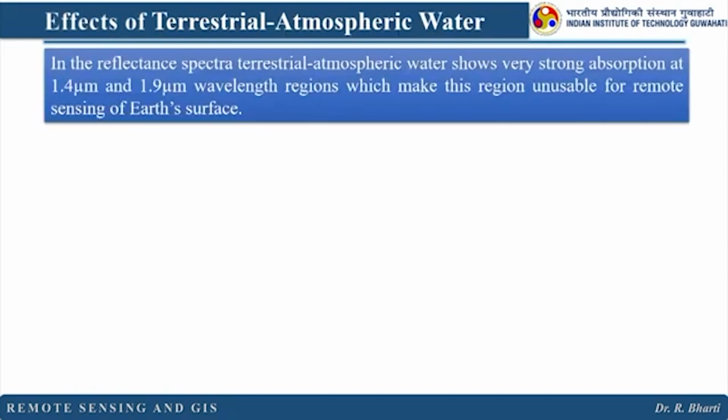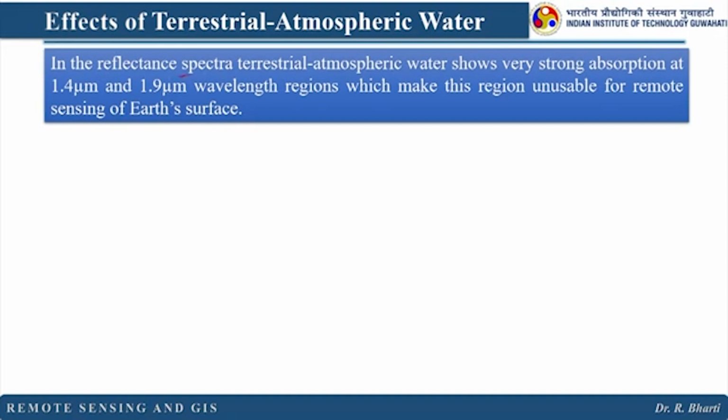And the effect of terrestrial or atmospheric water in the hyperspectral remote sensing data. Suppose you are generating hyperspectral data from space, what error can this terrestrial atmospheric water introduce, right.